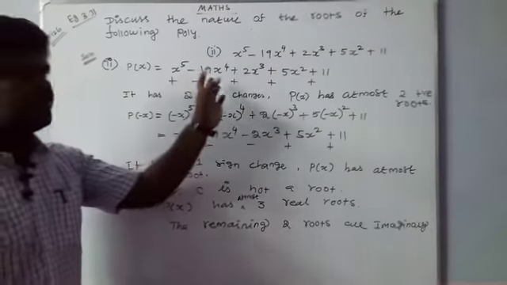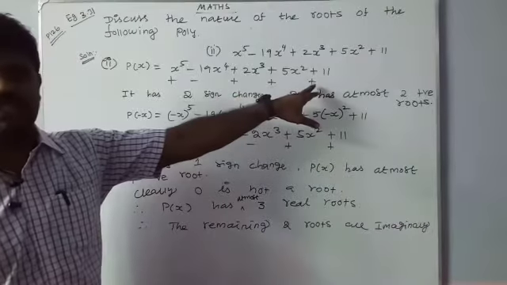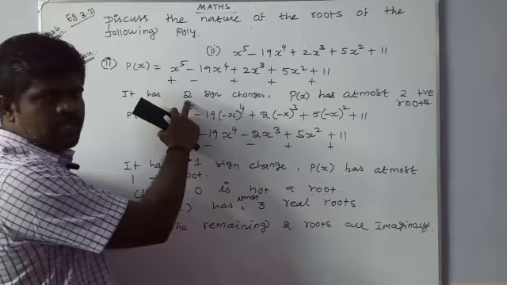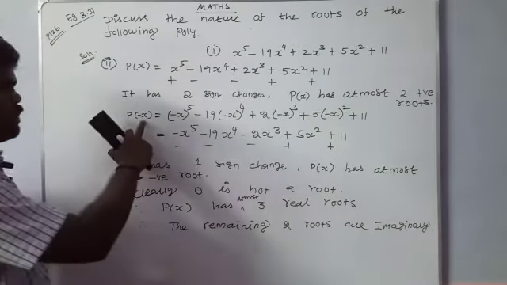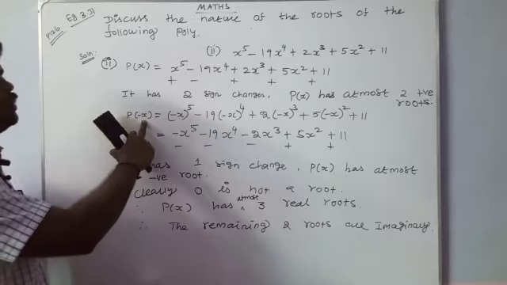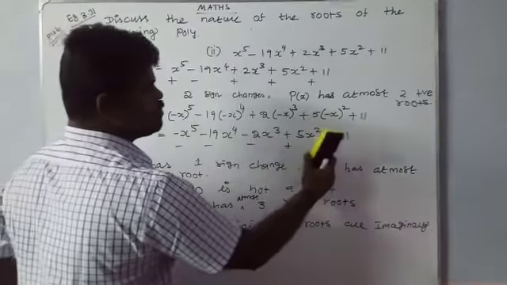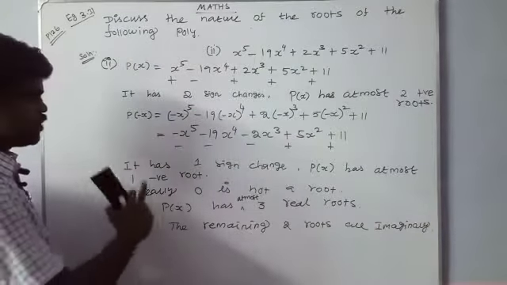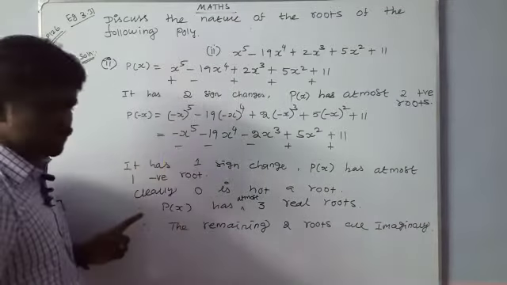So first of all, we find p of x. How many sign changes? Here plus to minus and minus to plus. There are 2 sign changes, so at most 2 positive roots. Then we apply minus x to the polynomial p of x: minus, minus, minus, plus, plus. There is one sign change, so p of x has at most one negative root.